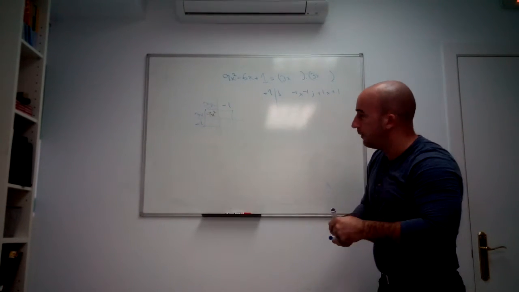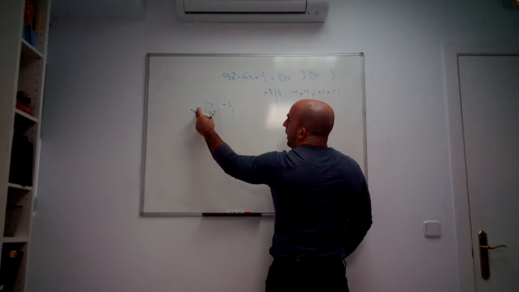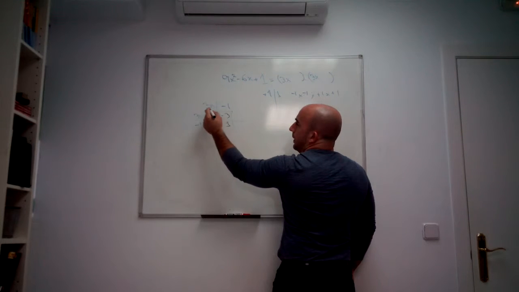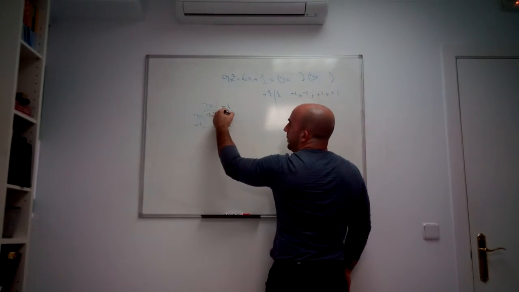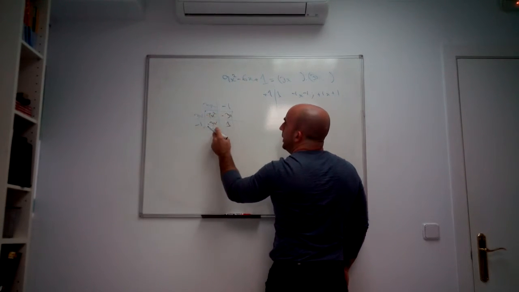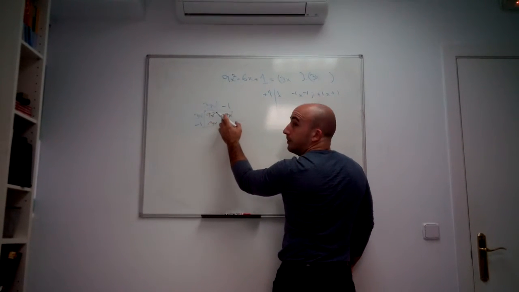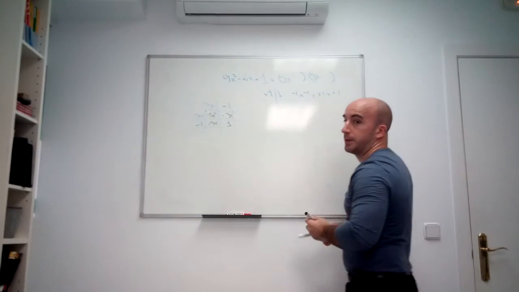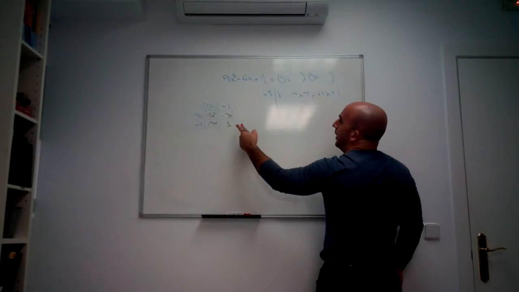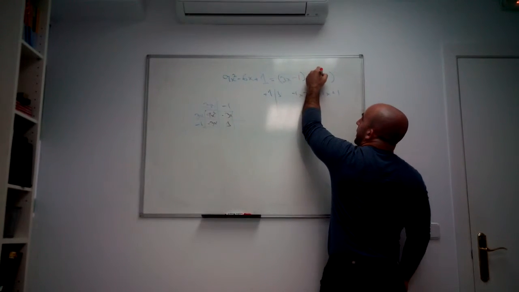Because if we do, obviously this is 1. If we do here, it's -3x, and minus 3x minus 3x is minus 6x. Okay? So that's the correct answer. We get a -1 and a -1.